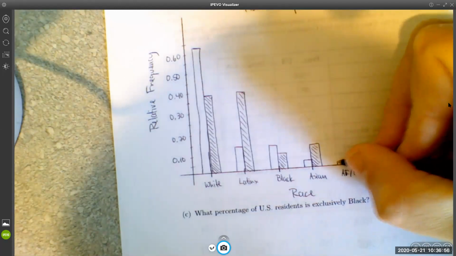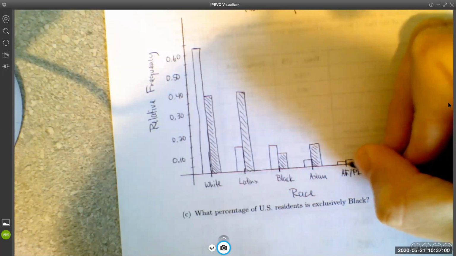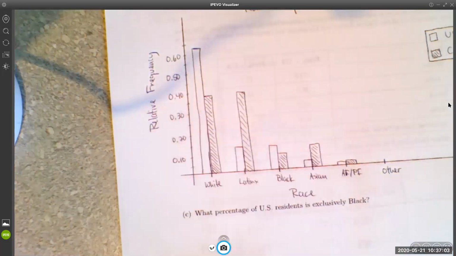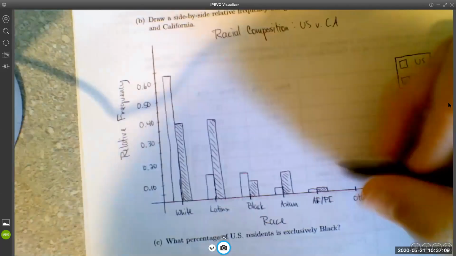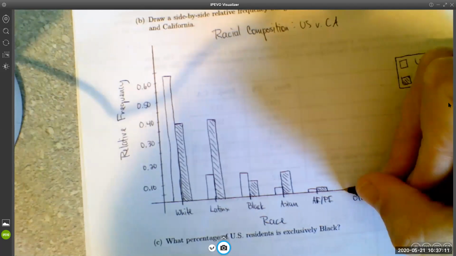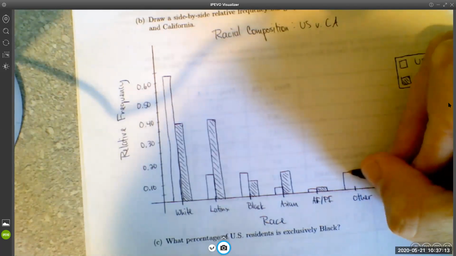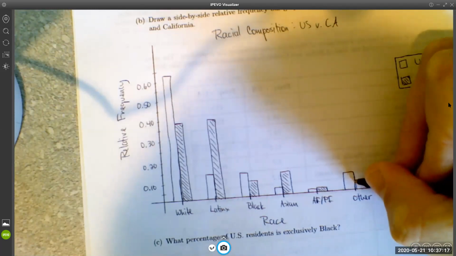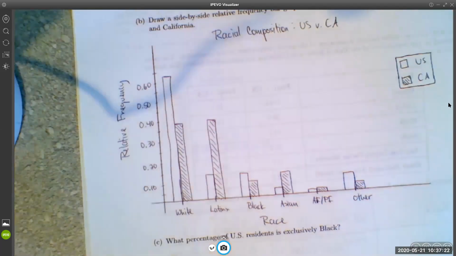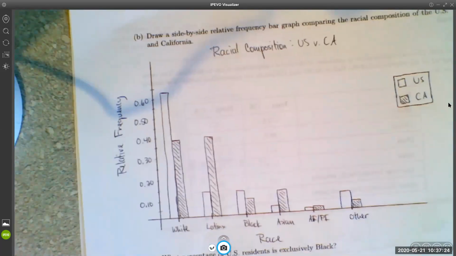One and 1.5. So this is a tiny little group in both cases. And then 7.9 and 3.8. Okay, something like that. So you should get a picture that looks something along those lines.